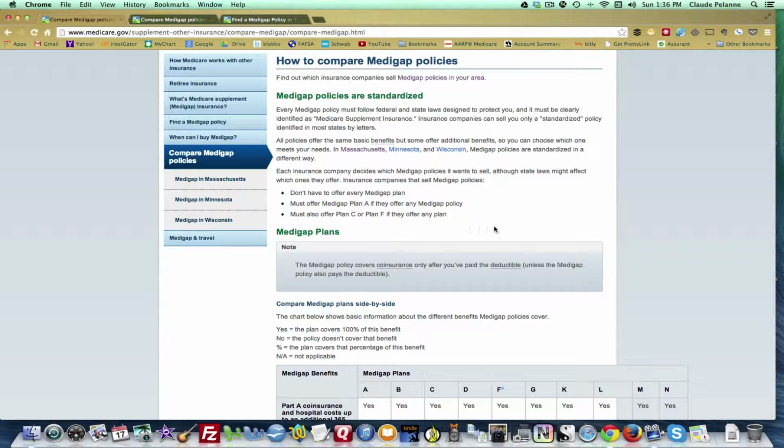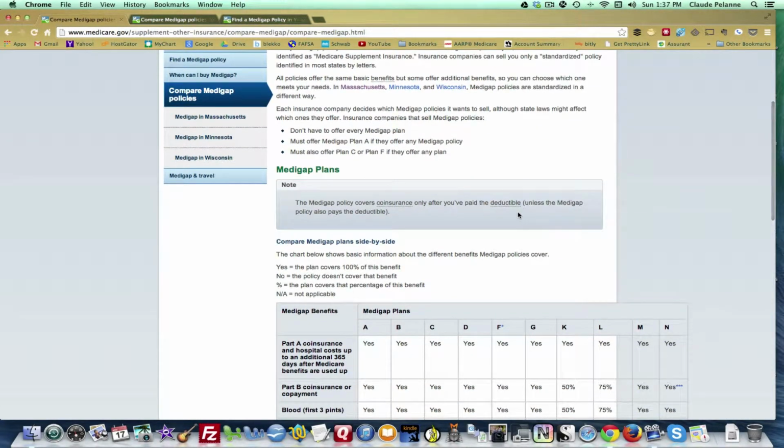So all Plan A's across the country, regardless of where they're offered and by whom, have to offer the same coverage. And Plan B and C, D, F, G, K, L, M, N have to have uniform coverage. Now, the coverage is different from Plan A to Plan B to Plan C, and so are the premiums. But what you get for a Plan A has to be uniform. So that's what they explain.